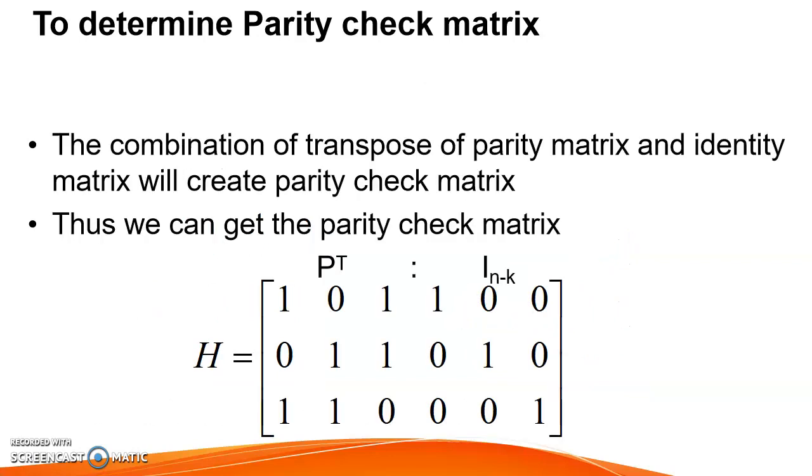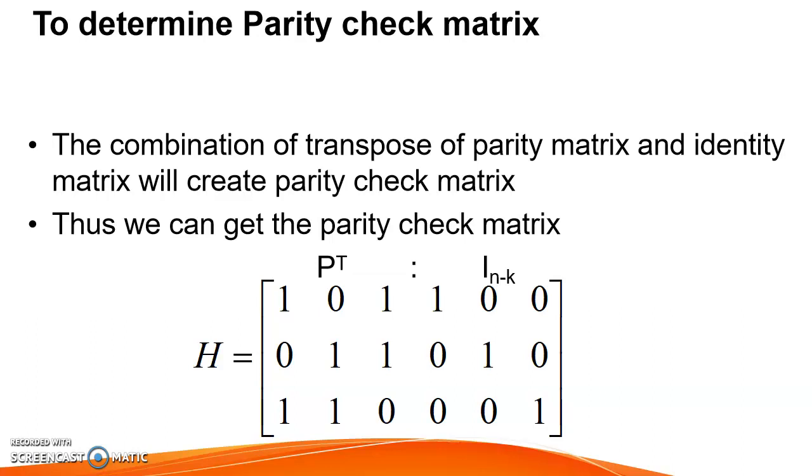Next, we have to find the parity check matrix. In the parity check matrix, the format is that I first place the transpose of the parity matrix in the first part of the parity check matrix. The total number of bits is 6 here, because the block length is 6.